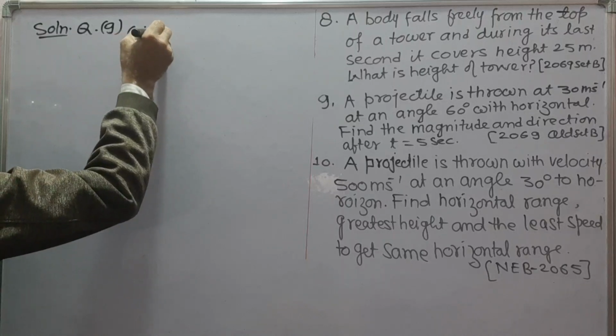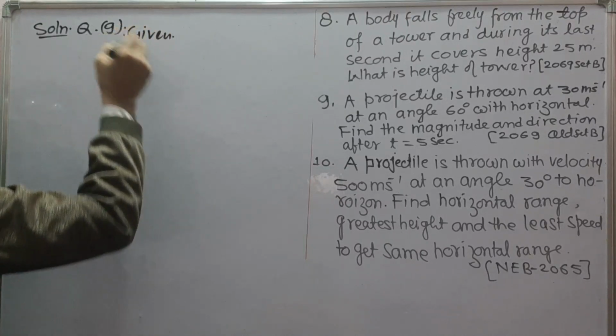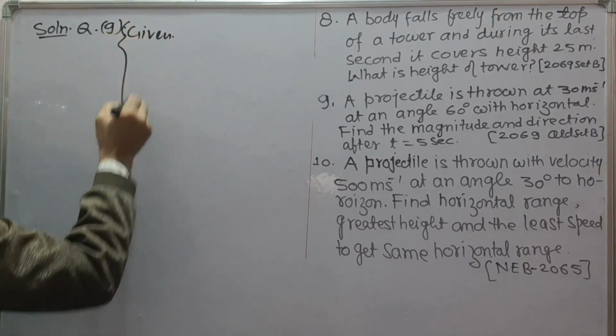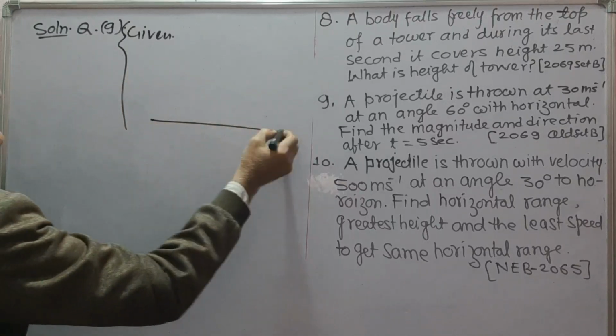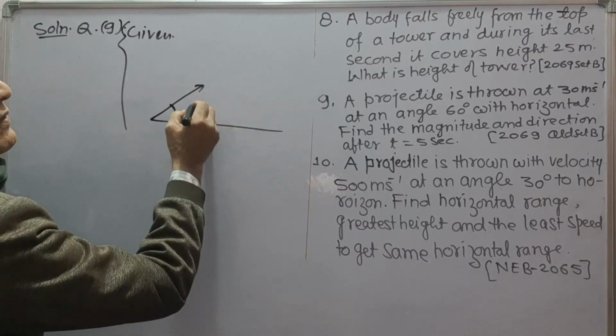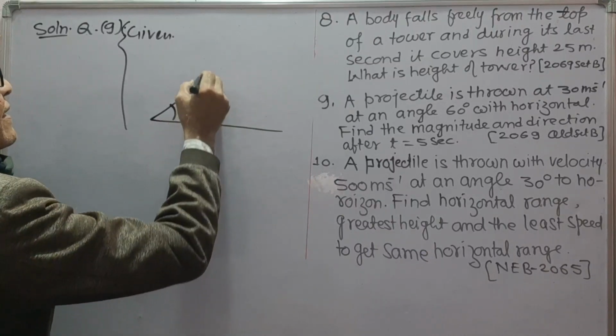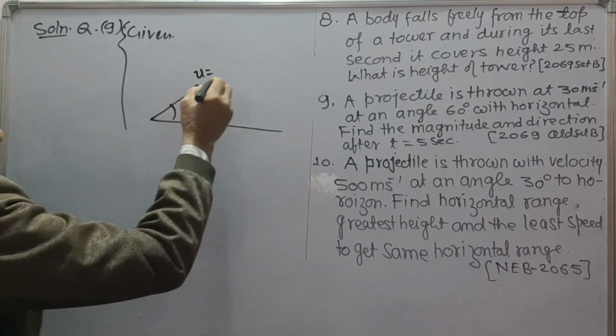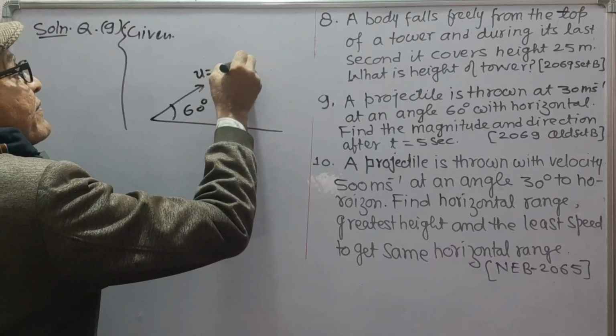Given, this is projectile thrown at 60 degree with horizontal with velocity 30 meter per second.